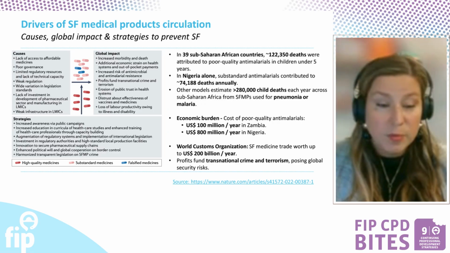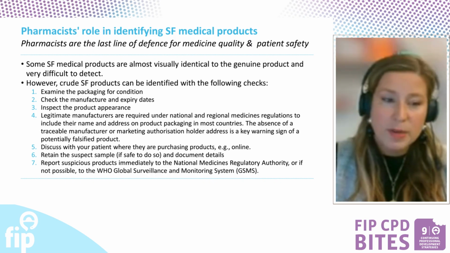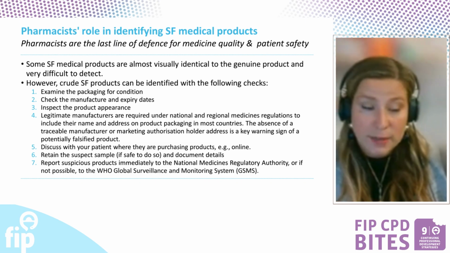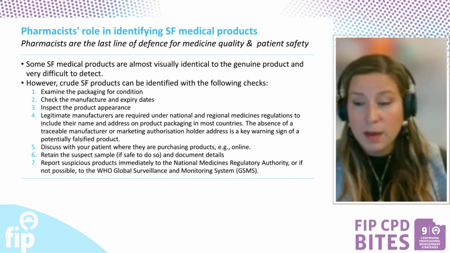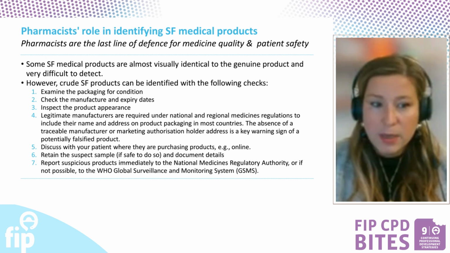In some instances, falsified medical products are almost visually identical to the genuine product. They can be very sophisticated. But in other instances, falsified and substandard medicines can be clearly seen to have been tampered with. So there are some checks that we recommend.